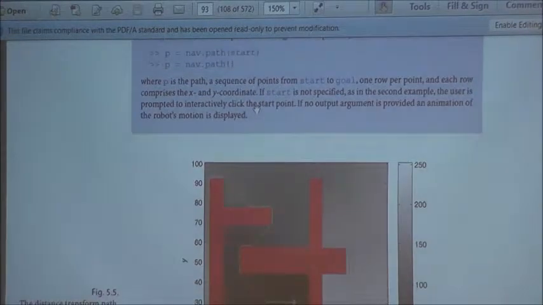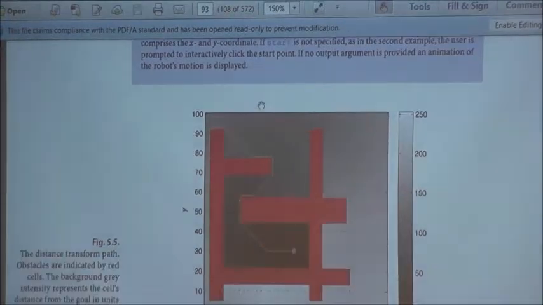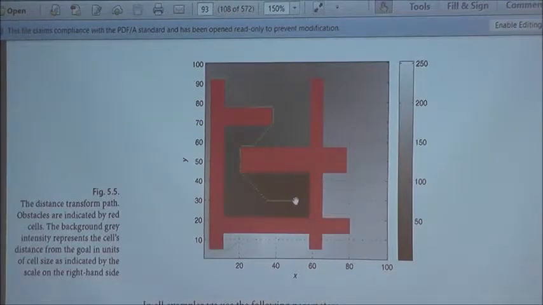So using that kind of navigation, you have a problem like you had before. Remember, before you come like this and you go around like this, all the way to here, and then you go like this. Here, now you actually find the shortest path.